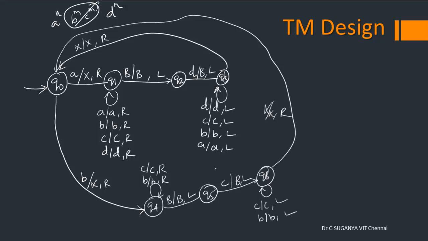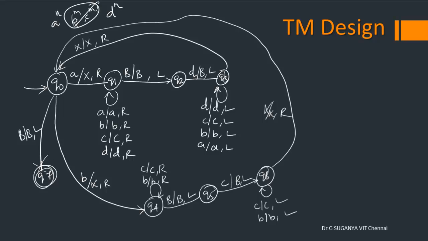Once both the things are over, when B's are also equated to C's after X, so all B's will be transferred to X. After X, what will be seen is a blank symbol. So at this stage, if you see a blank symbol, then enter into a final state.